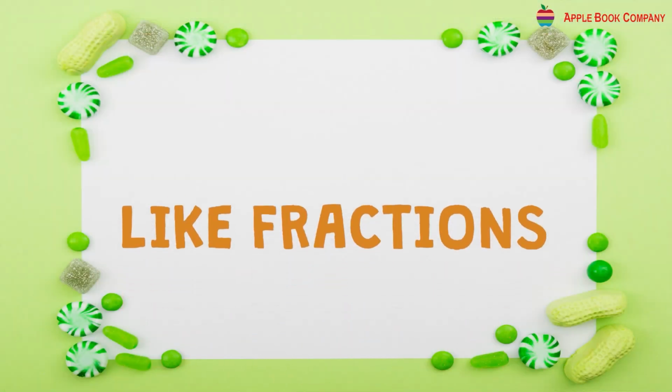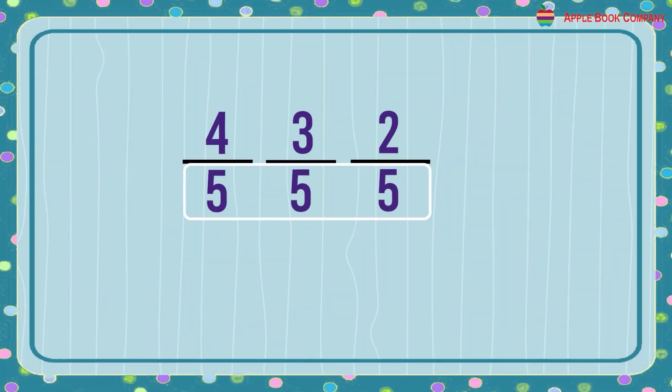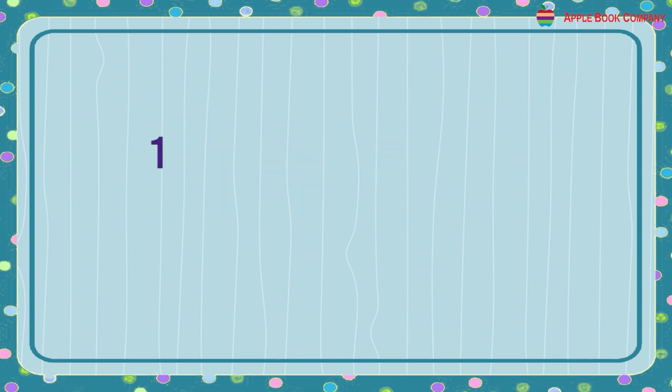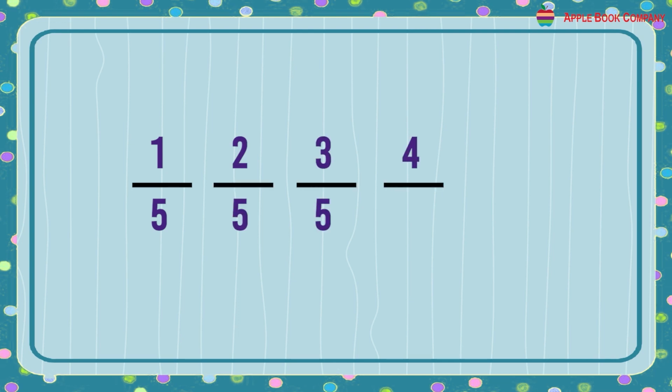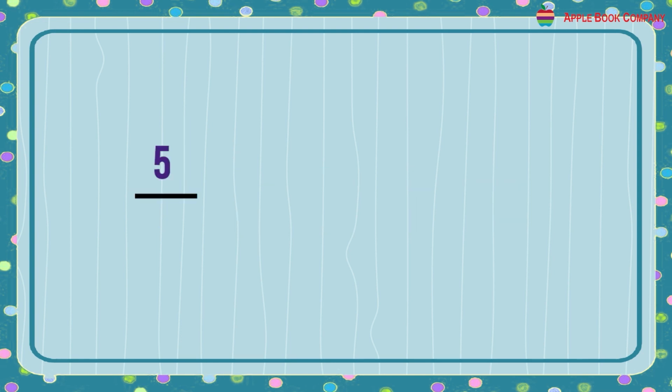What are like fractions? Fractions with the same denominator are called like fractions. For example, 1/5, 2/5, 3/5, 4/5, 5/5, and so on. Note here, 5/5 is a fraction when we take all the equal parts of the whole.